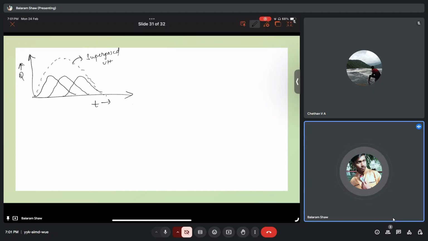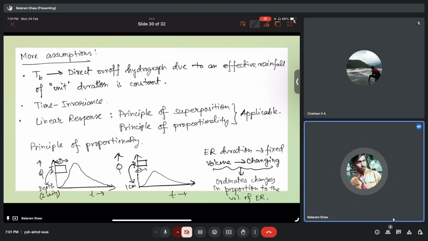We have seen several assumptions here, right? If it does not follow these assumptions, then it will not be valid. So these are some of the limitations. Also, the unit hydrograph is used for areas from about 200 hectares to around 5 lakh hectares. It has a huge application, but other than this range, we can't use the unit hydrograph.